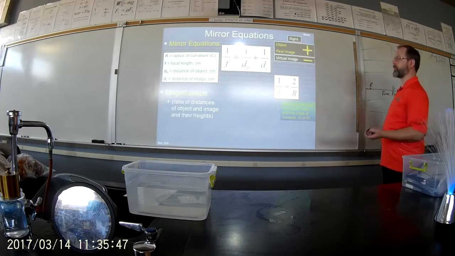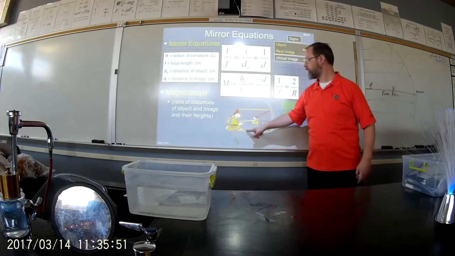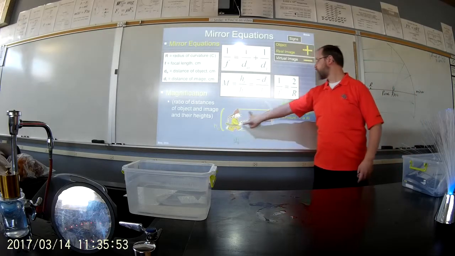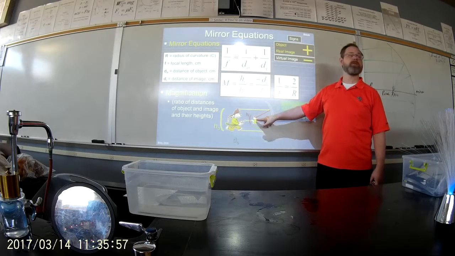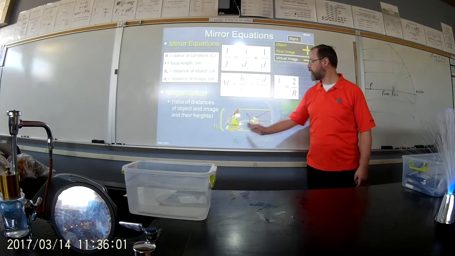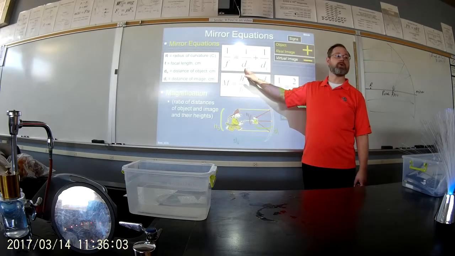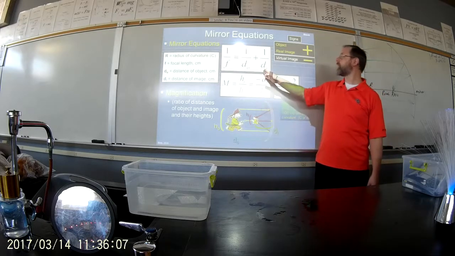I'll give you the diagram that we'll talk about for magnification. There we go. These are the distances. So here we have an object. The object projects light, strikes the mirror, the light then converges to create the image. The distance from the device to the object is DO. The distance from the device to the image is DI.